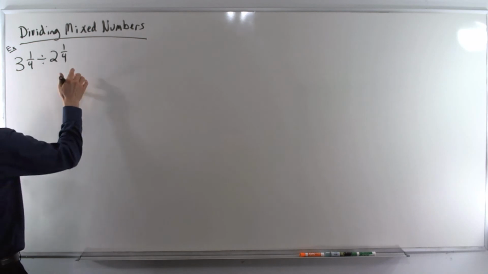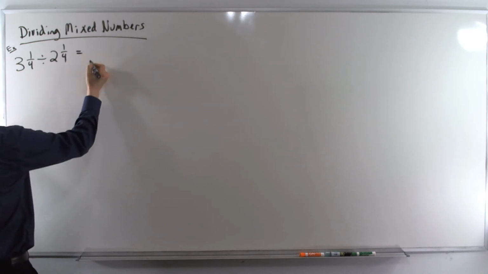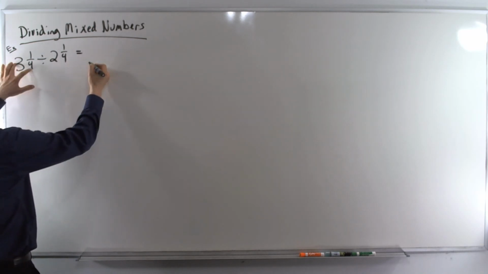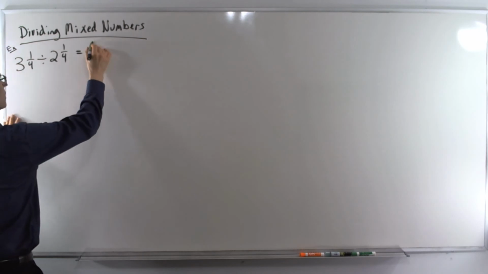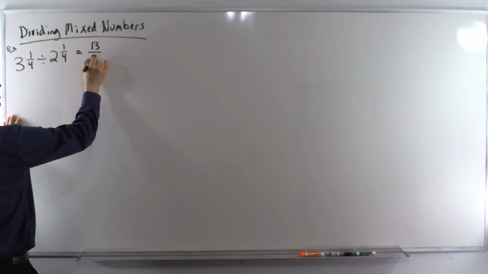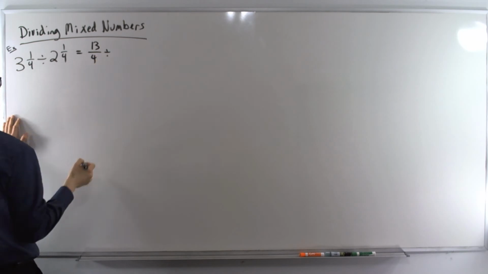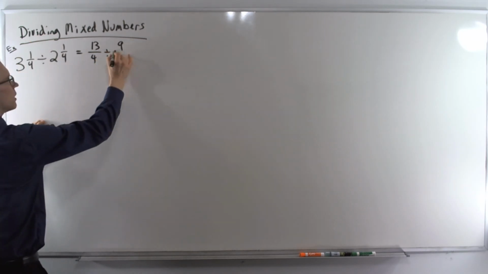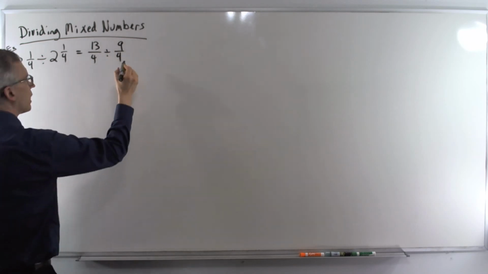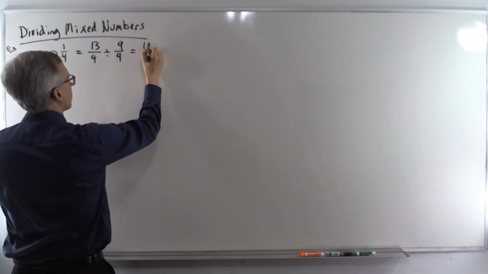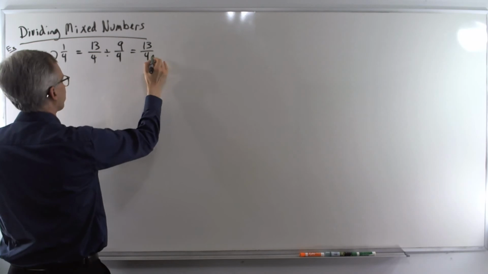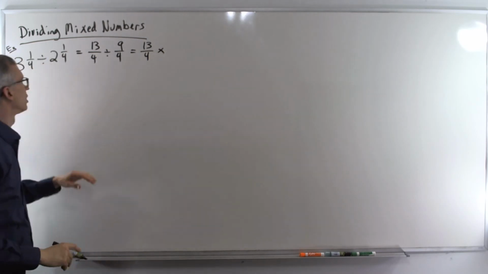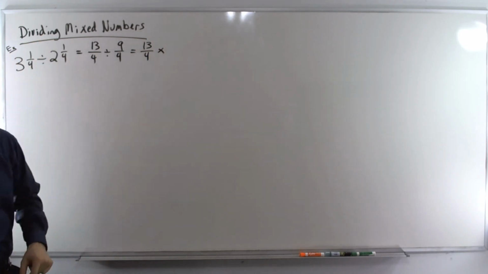So let's get rid of these mixed numbers. So this is going to turn into 3 times 4 is 12, plus 1 is 13. So that's 13 over 4. Divided by 2 times 4 is 8, plus 1 is 9. 9 over 4. Now we'll convert to multiplication. Remember, only convert to multiplication after changing your mixed numbers to improper fractions.